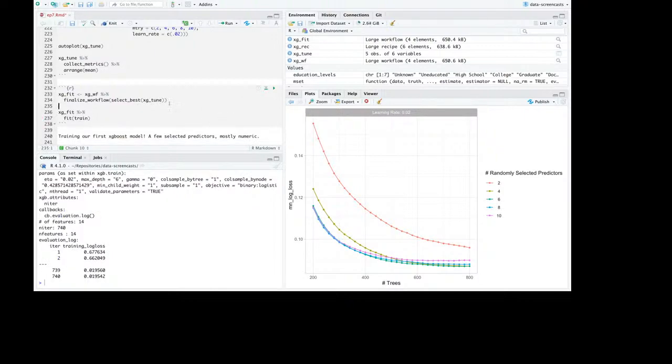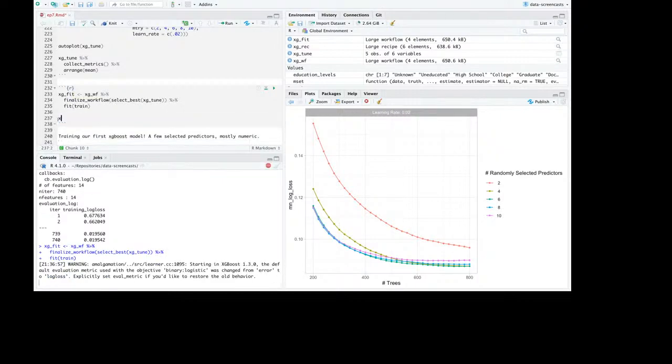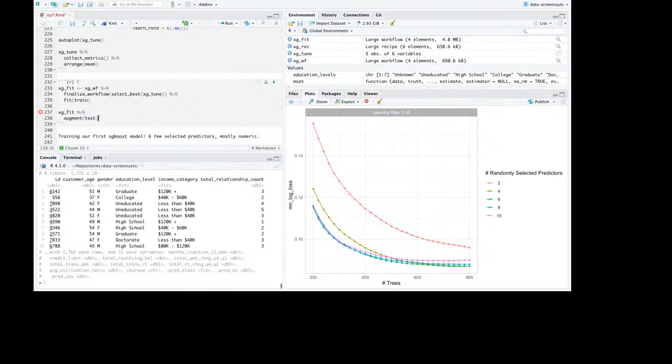Oh, oops. And augment on the test, and log loss, mean log loss of the truth of, oh, it's estimate the truth.